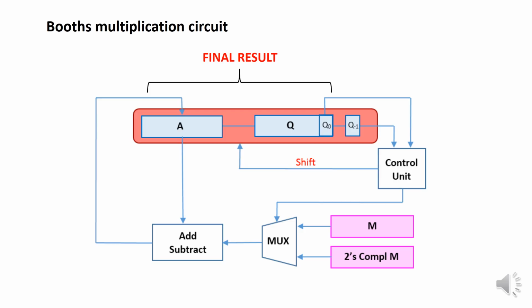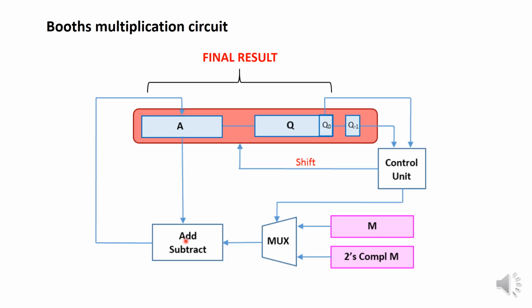the control unit makes directly the right shift or first activates the multiplexer. The multiplexer, depending on the control unit, if the pair of bits are 0, 1 or 1, 0, selects either the multiplicand or the 2's complement of the multiplicand.